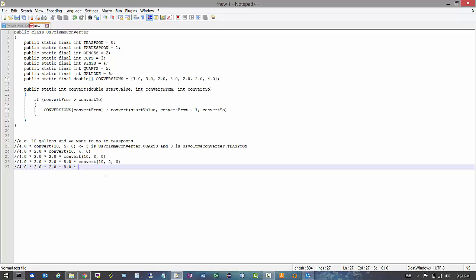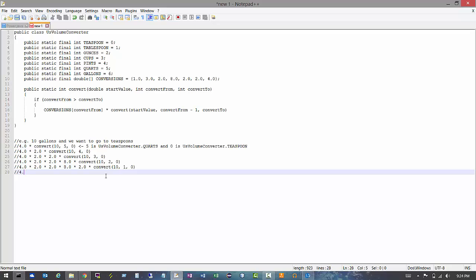So we go to the next conversion factor at index 2. That's a 2.0. We multiply that times convert, same base, 1 less on the from, same on the 0: 4.0 times 2.0 times 2.0 times 8.0 times 2.0 times convert 10, 1, 0.